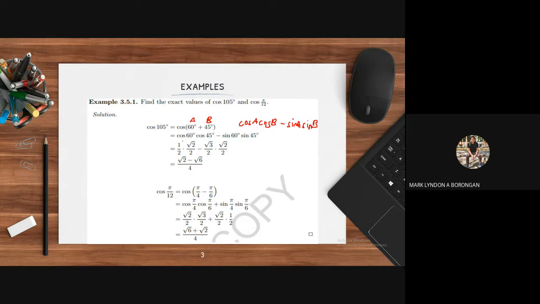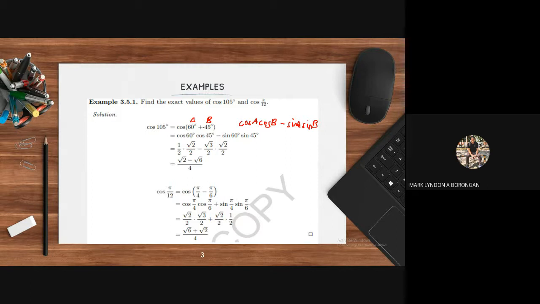Pag-get na nimo sa cosine, you'll have 1/2 times the square root of 2 over 2. Remember guys, ang mode sa calculator must be in degrees. Makita nimo ang mode by pressing kanang mode nga button. Dapat naka-degrees na siya para square root of 2 over 2 gid ang makuha.